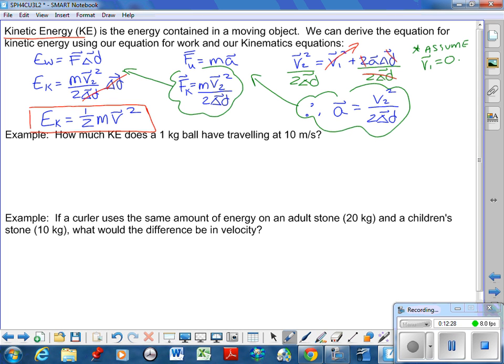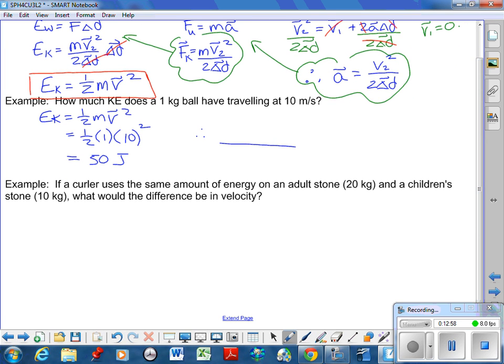Okay, so not a very hard pitch. 1/2 mv squared, 1/2 times mass of 1, velocity is 10 squared. So 10 squared is 100, and half of that is 50 joules. So a 1 kilogram ball, a softball traveling at about 36 kilometers an hour, will have 50 joules of energy.